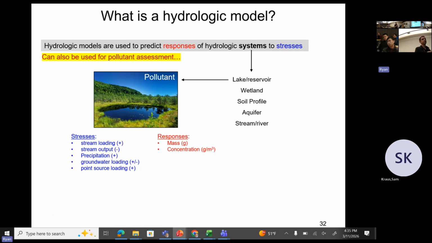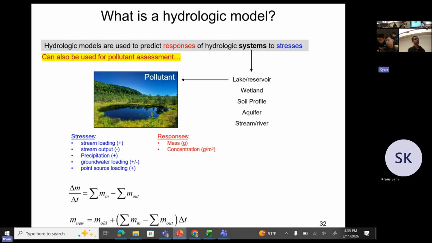And now the response would be, what's the mass of a pollutant in our lake water and the concentration? Just taking mass divided by the volume, so you get concentration. So it's the same process. We're looking at the change in mass with respect to time. We have all the mass coming in through all these stresses and all the mass leaving through, for example, stream outflow, and so forth. So same process.